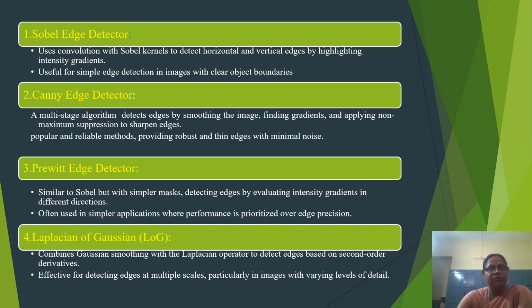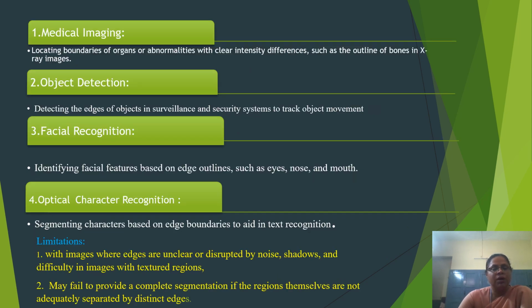There are a number of types of edge detectors: Sobel edge detector, Canny edge detector, Prewitt edge detector, and Laplacian of Gaussian. The applications are medical imaging, object detection, facial recognition, and optical character recognition.